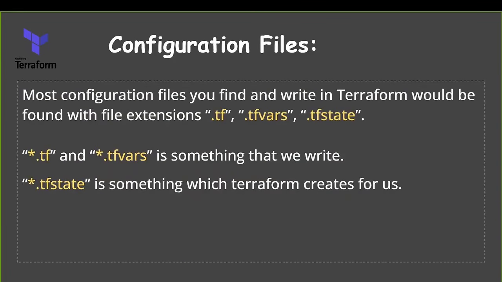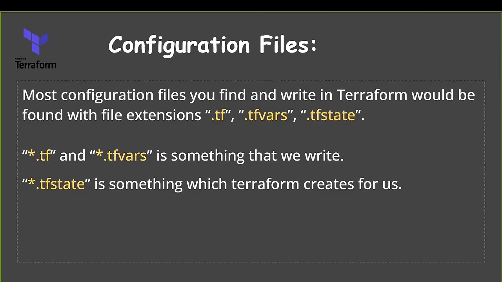Now, what are the extension files that we would be dealing with? There are many extensions apart from these, but these are the basic ones. The first is .tf, that is a Terraform file. The other is .tfvars, which is used to save variables. We'll be looking at variables probably in the third class from now.